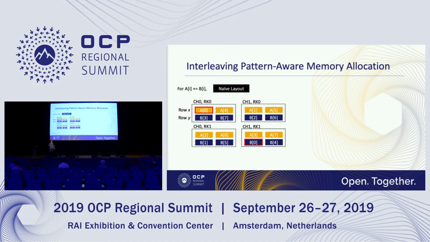In conventional CPU systems, they do address interleaving to maximize memory-level parallelism. Here, A0 is in channel 0, rank 0, and A1 is in channel 1, rank 1, and so on. That's how the address is interleaved in this example. But row Y has a different row address interleaving.